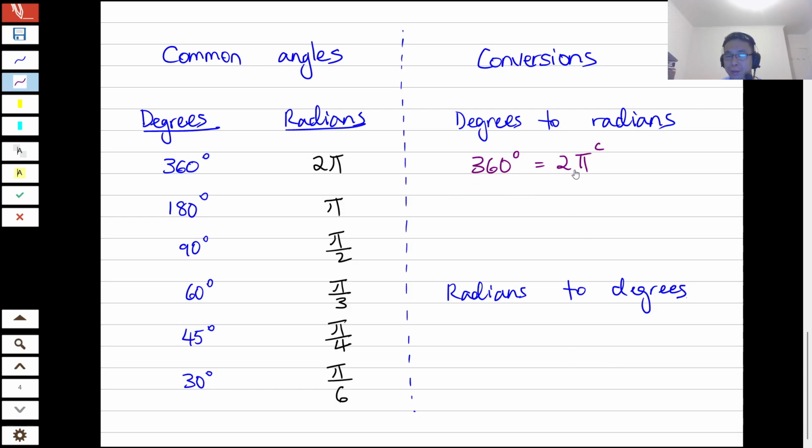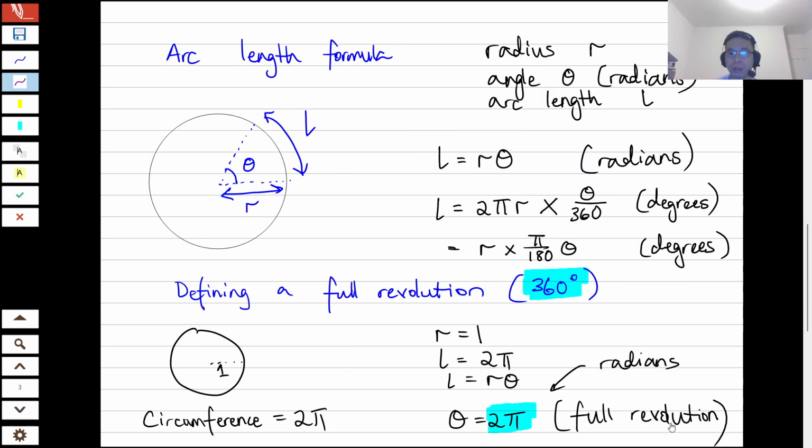So we know this as a fact. So if I want to go from degrees to radians, what I need to do is divide both sides by 360. So that gives me that same factor, pi on 180, which we saw when I argued that this angle and this angle is the same.